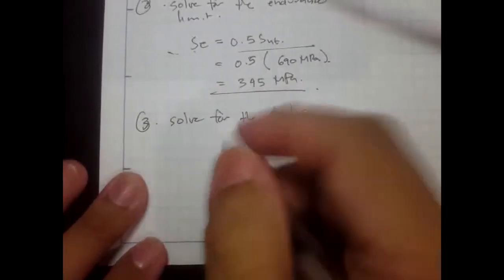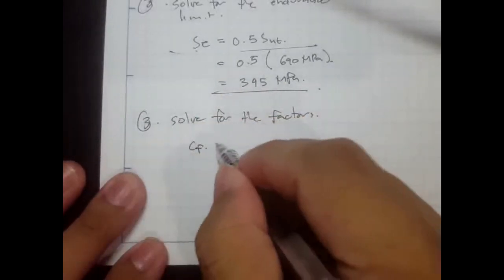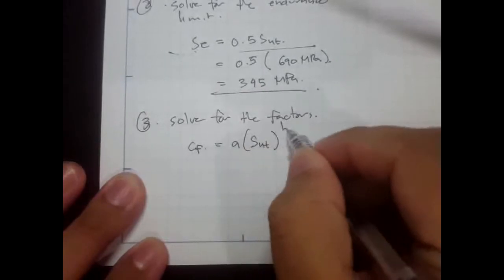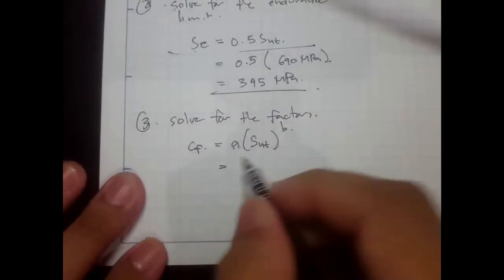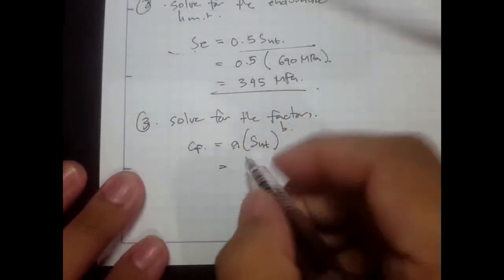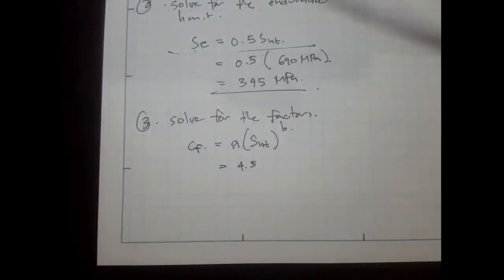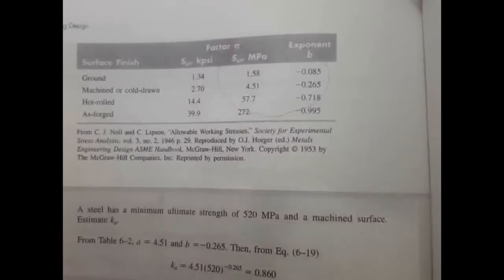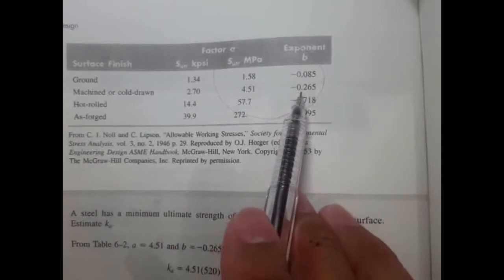For the factors, let's start with C_F, the surface finish factor. C_F is equal to A times the ultimate tensile strength raised to B. Since this is machined, if you go to the table, A is 4.51 and the exponent is negative 0.265.